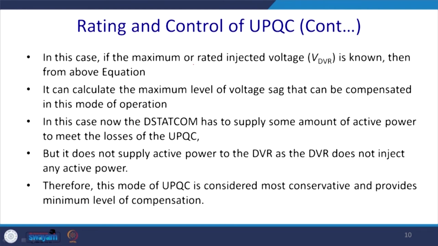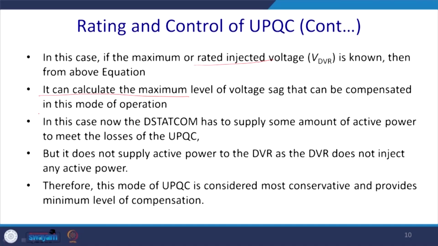The rated injected voltage is known from the above equation, and it is fixed because you have chosen that kind of rating. You can calculate the voltage sag that can be compensated with this mode of operation. In this case, the D-STATCOM has to supply some reactive power to meet the losses of the UPQC, but it does not supply any active power to the DVR, as the DVR does not inject any real or active power.